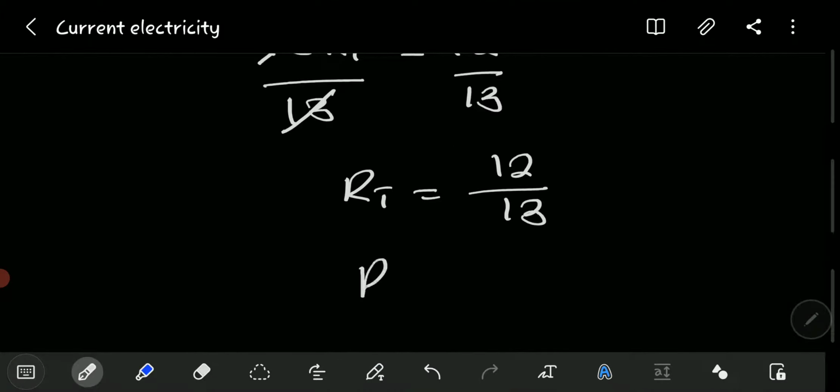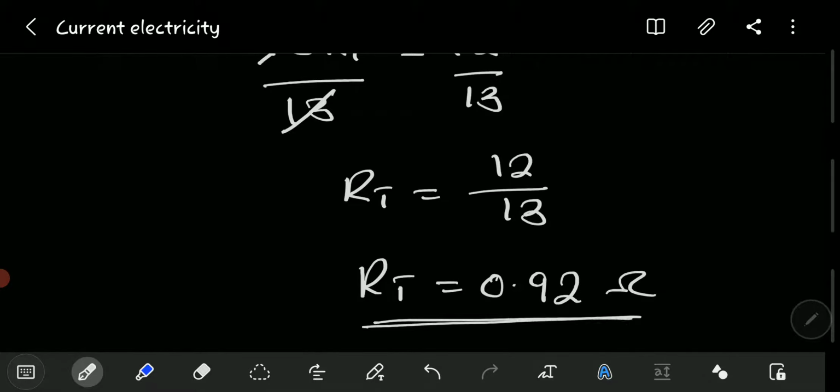So our total is equal to 0.92 ohms. So this is the total resistance for A.